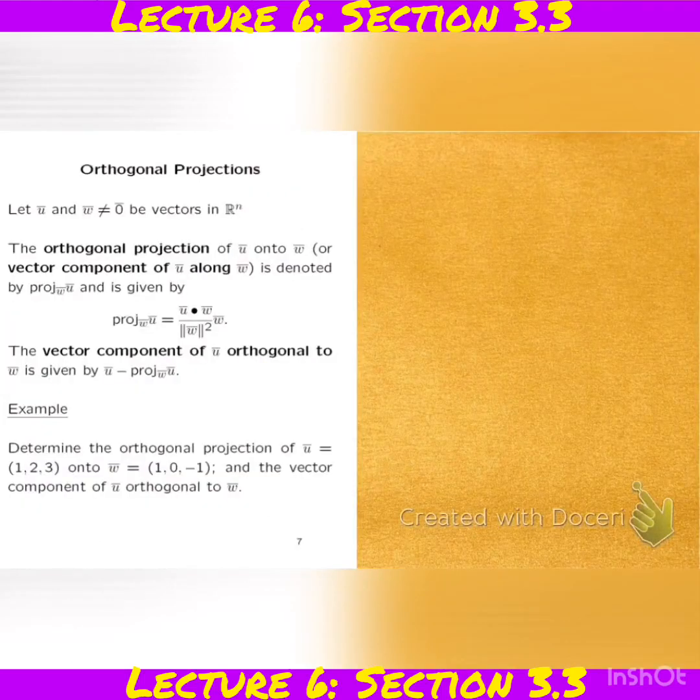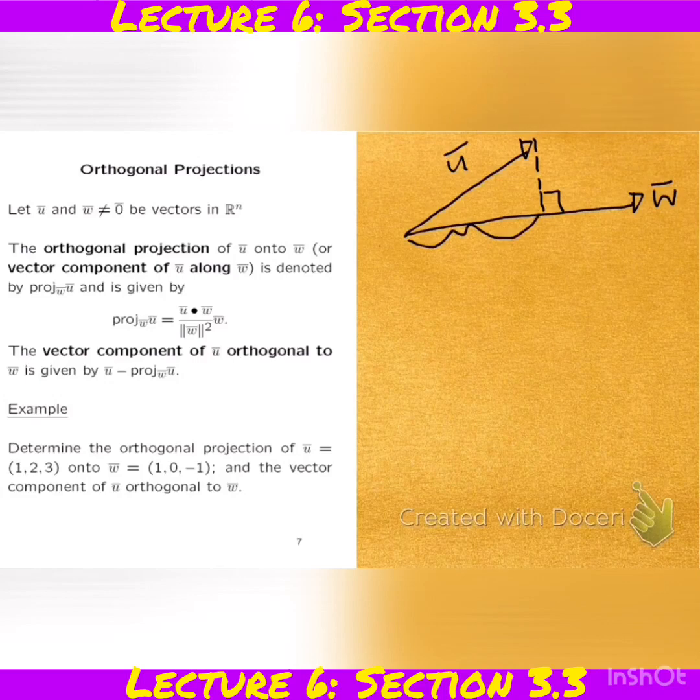Okay, let's look at the last example. We're asked to determine the orthogonal projection of U onto W and the vector component of U orthogonal to W. So we've got the vector U there, and then we've got the vector W. We're asked to orthogonally project U onto W. That vector there is the vector W1 we looked at in the proof.